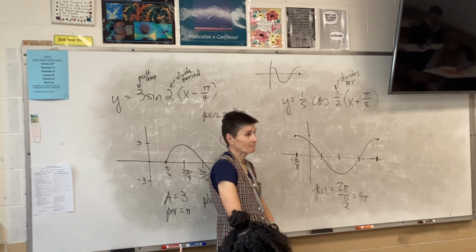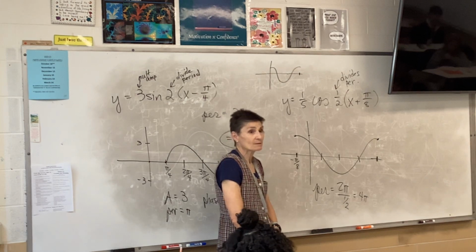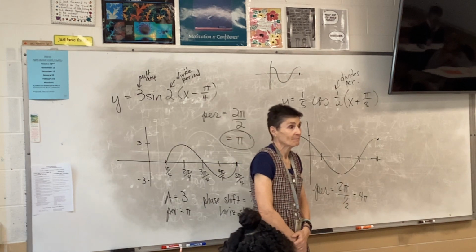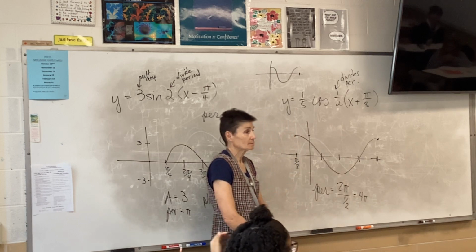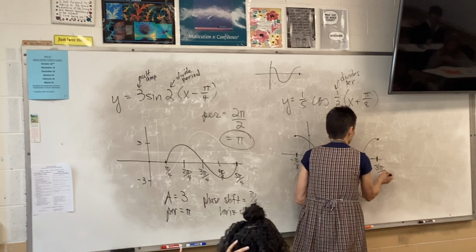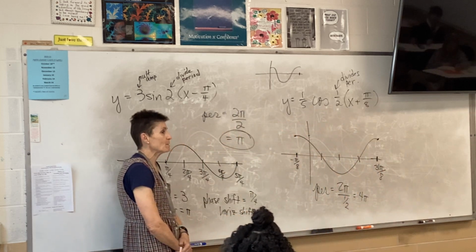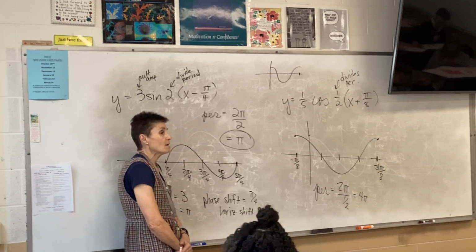Come on, let's think. I heard someone say something, but I couldn't understand it. Say it with your chest. Say it with confidence, folks. It's 31 pi over 8. Why is it 31 pi over 8?